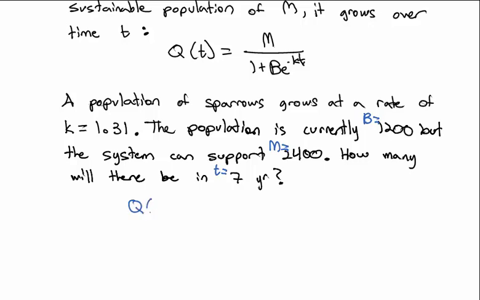So Q of t, Q of 7 is going to equal the maximum, 2,400, divided by 1 plus the beginning, 1,200, e to the negative k, 1.31, times t, which is 7.